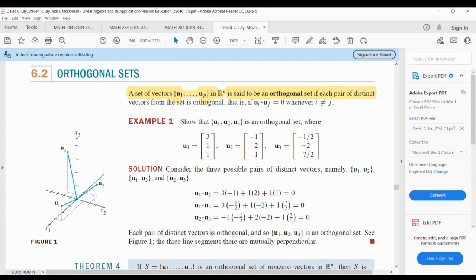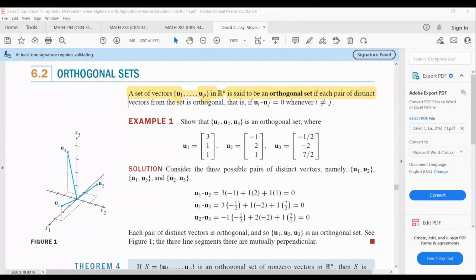A set of vectors is said to be an orthogonal set if each pair of distinct vectors from the set is orthogonal. That is, if the dot products of the vectors are all equal to 0. So for instance, in example 1, you have 3 vectors, u1, u2, and u3.